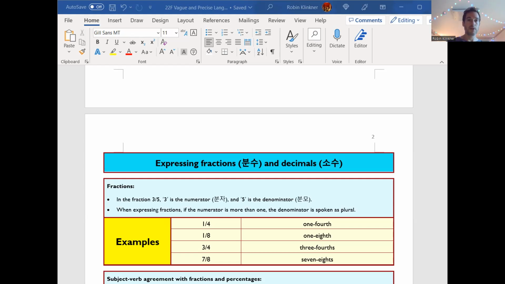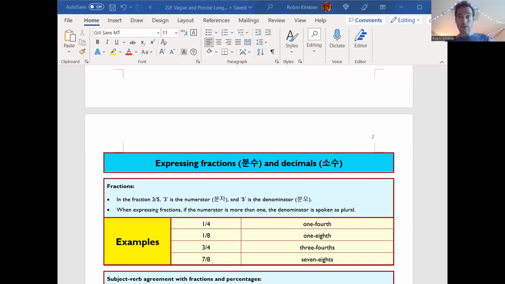Let's move on. Subject-verb agreement when using fractions and percentages. This is not so clear, so I want to go over it. When expressing fractions, 1/2, and percentages, 50%, the subject, what those fractions and percentages are describing, determines whether the verb is singular or plural.